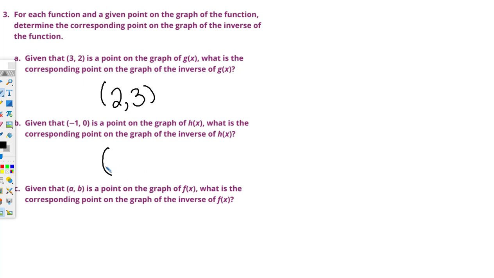If a given point in the graph of the original is (-1, 0), then the new point is going to be (0, -1). So anytime you have an inverse, all we're doing is switching the x value and the y value in their locations. So if it was originally (a, b), it becomes (b, a).